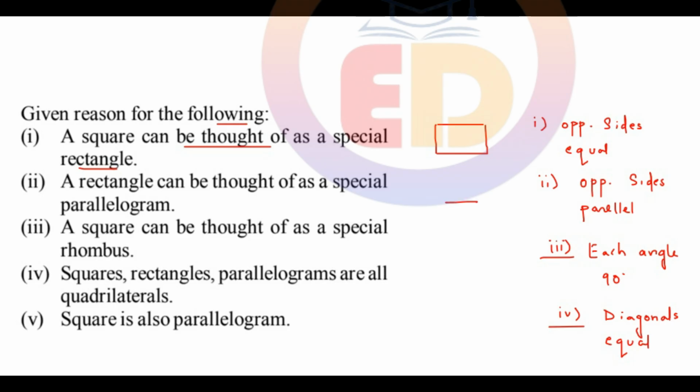And does a square follow the property? Let us check. In a square, opposite sides are equal. In a square, all sides are equal, so if all sides are equal then opposite sides will be equal. So the square follows the first property of a rectangle. Next, opposite sides are parallel. Yes, in a square also opposite sides are parallel.